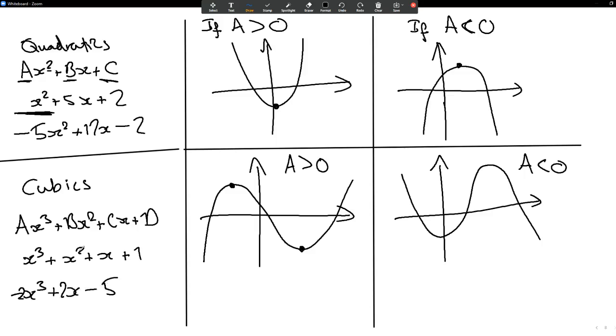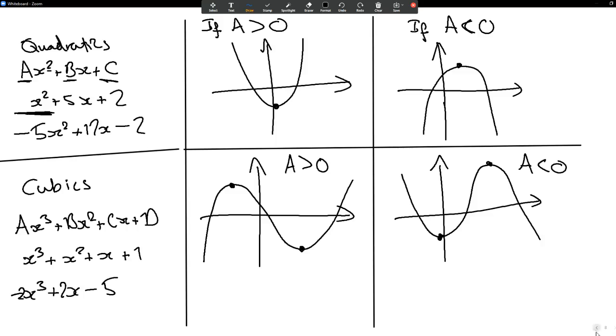Now you can see that we don't have an x squared term here, because I never said that b can't be 0, and it can. So we'd have 0x squared, but we still know it's a cubic because we have the power of 3. But this is negative, so we know it would be the second one. So it would be the minimum point first, then the maximum point.